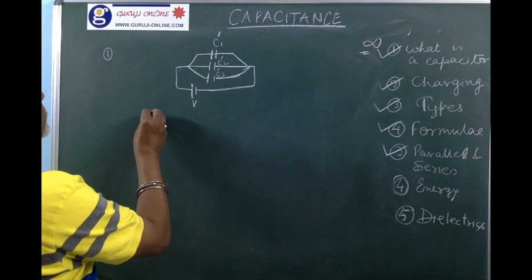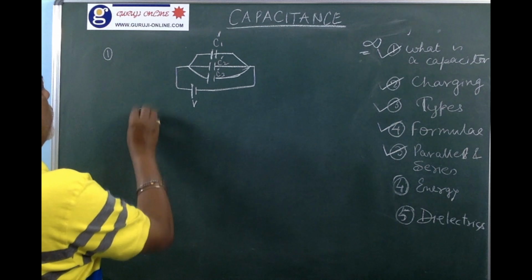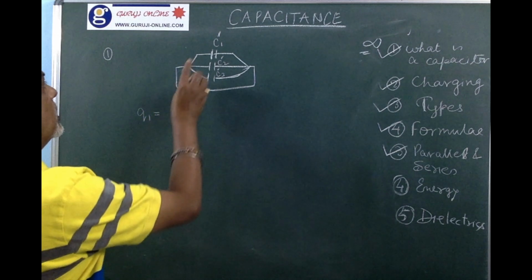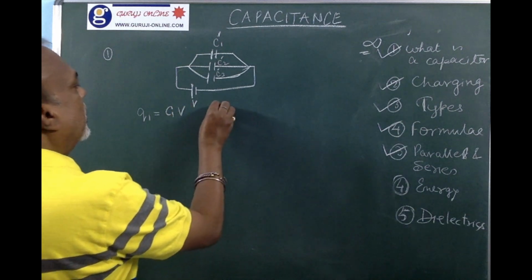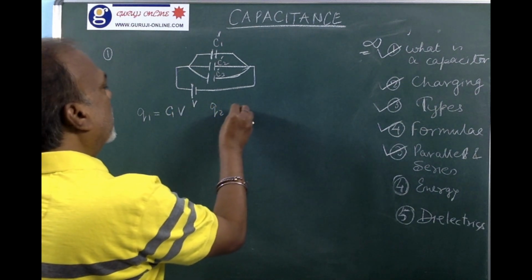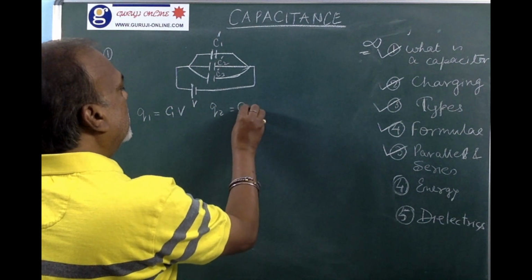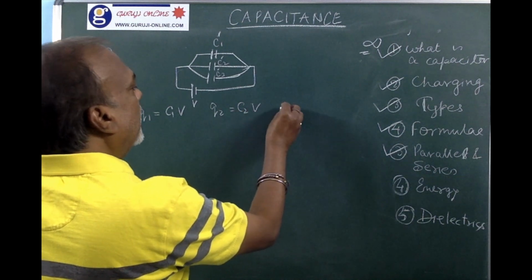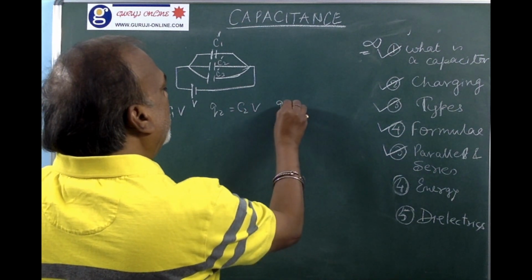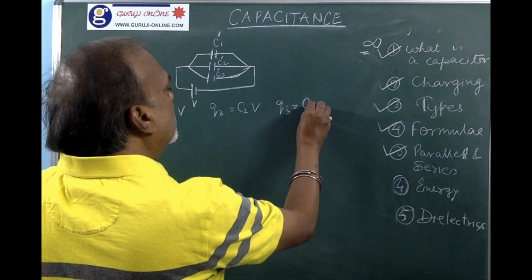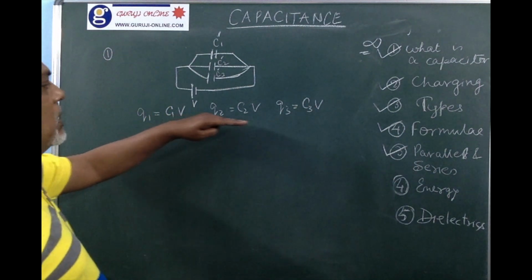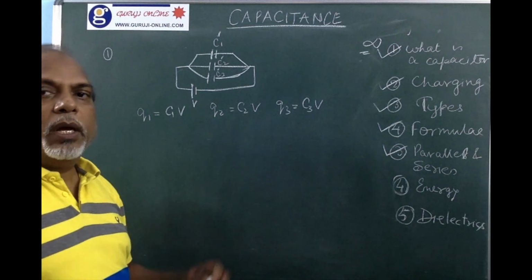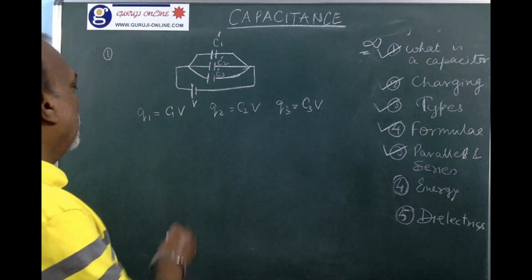Meaning your Q1 will be C1 V, your Q2 is nothing but C2 V, and Q3 will be nothing but C3 V. Like that, these are the charges that will be accumulating. So what is the total charge?